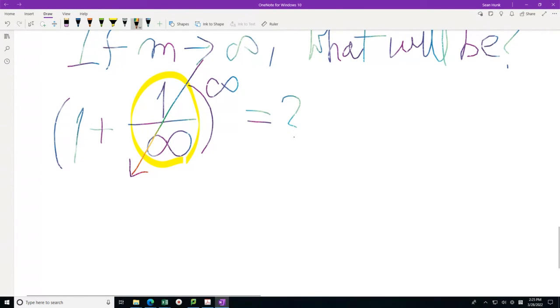When you divide 1 by an infinitely large number, how can it be infinity? If you divide 1 by 100, it's 0.01. If you divide it by 1,000, it's 0.001. If you divide it by 1 million, it's 0.000001. And if you divide it by an infinitely large number, how can it become infinity?